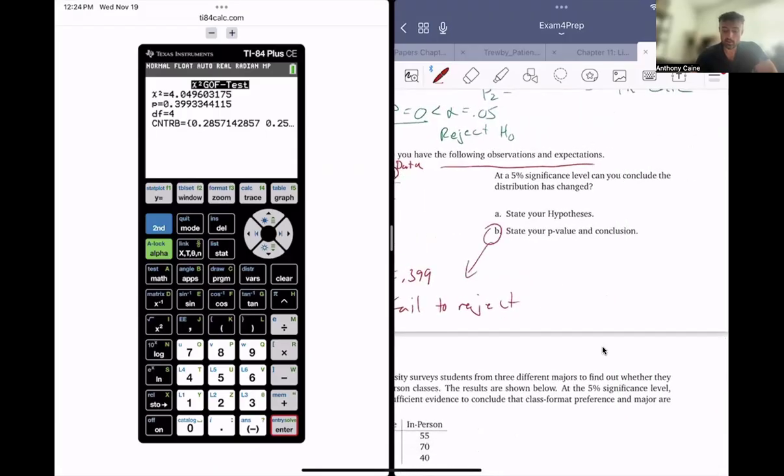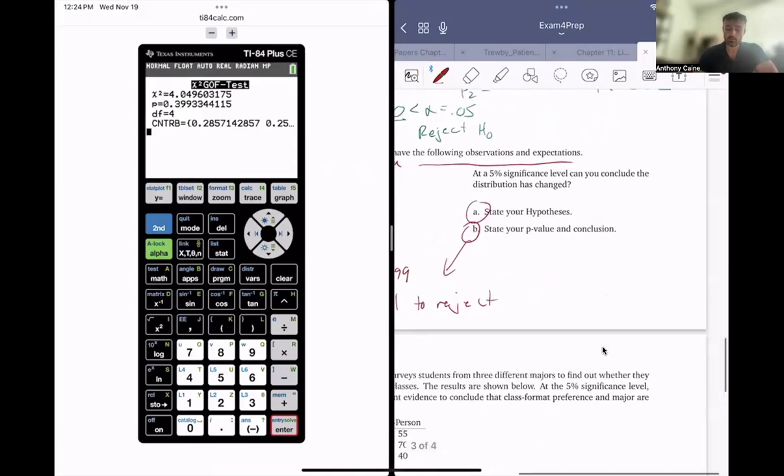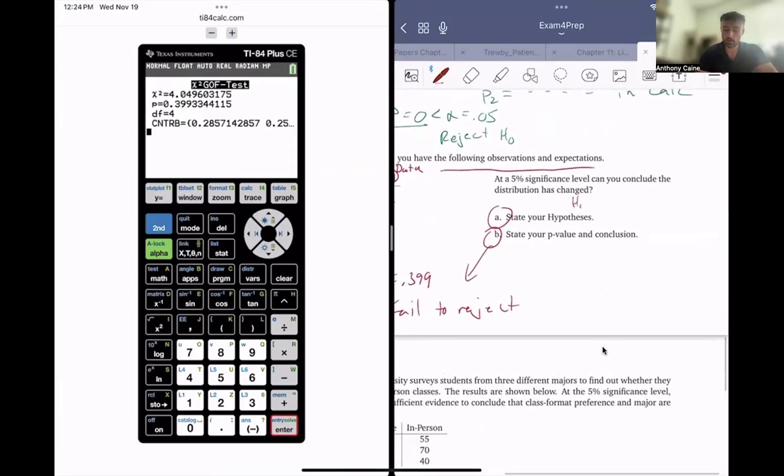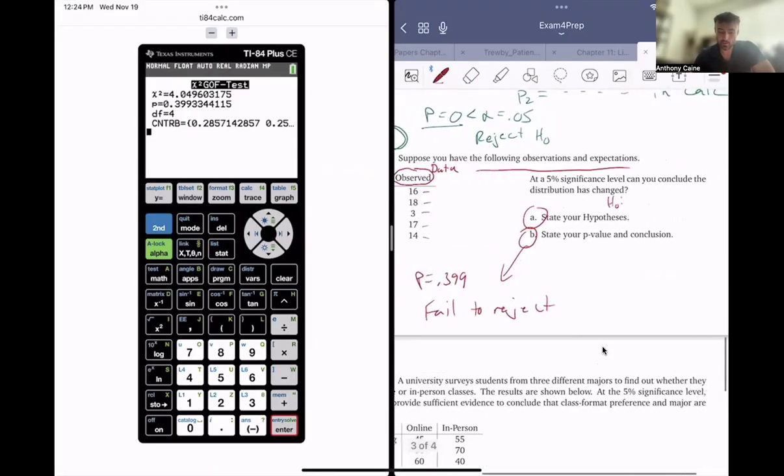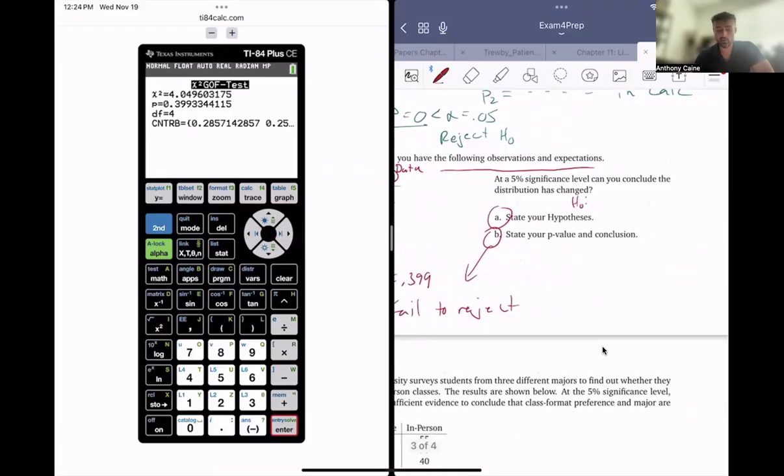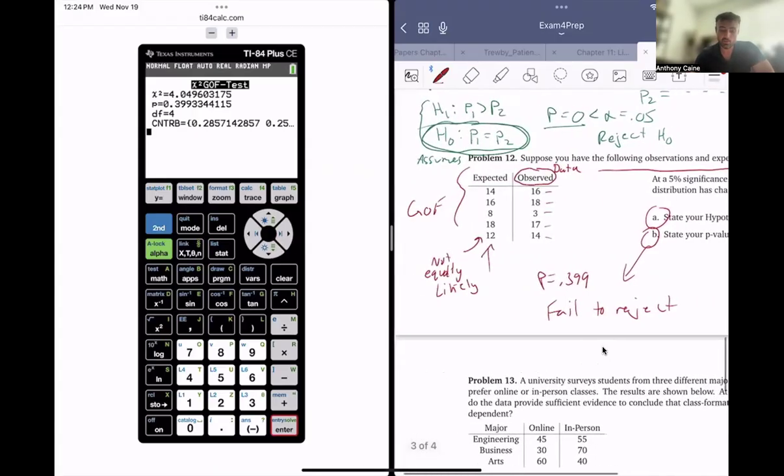I'm being really lazy. What would part A look like? What's the hypothesis? The null hypothesis is that the expectations model reality. On ALEKS, we tend to state this in terms of probabilities, and I don't want to have to convert this to probabilities.